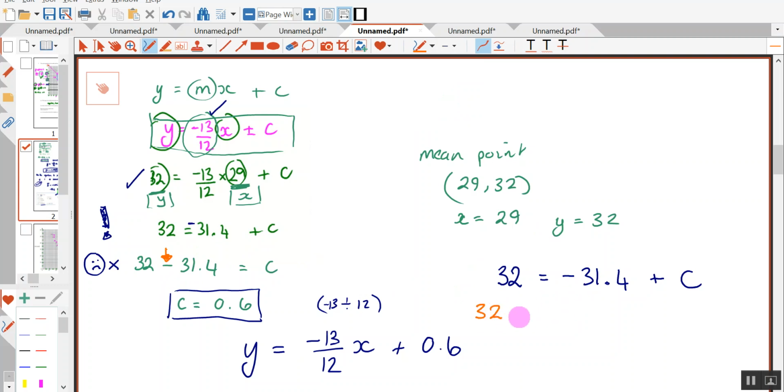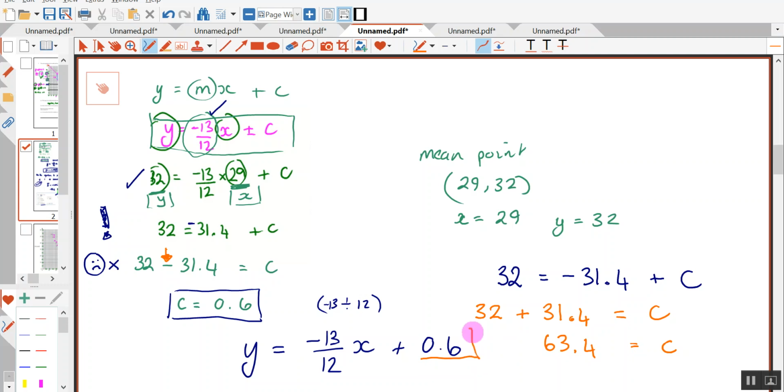So we've got to do 32. That should already make more sense, yeah? Add 31.4 equals C. So what does C equal? $63.4. So that's the problem, isn't it?